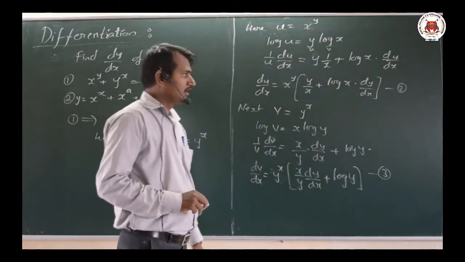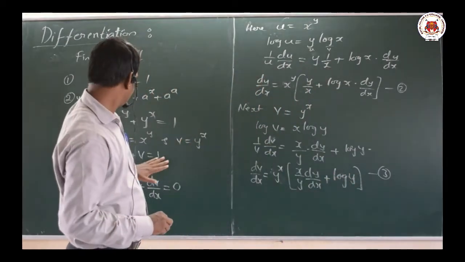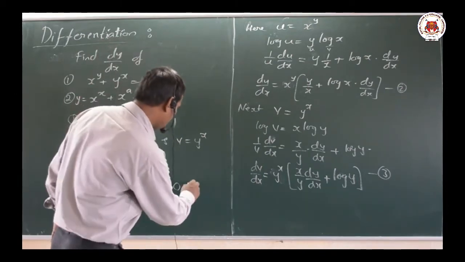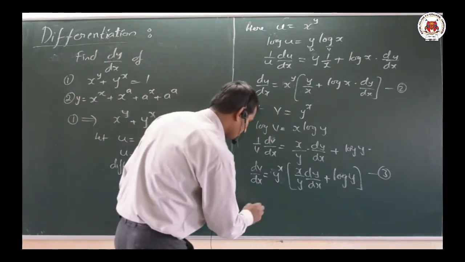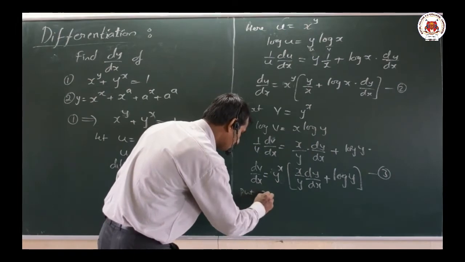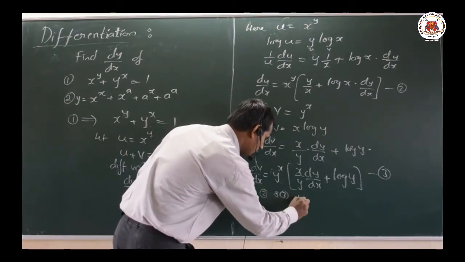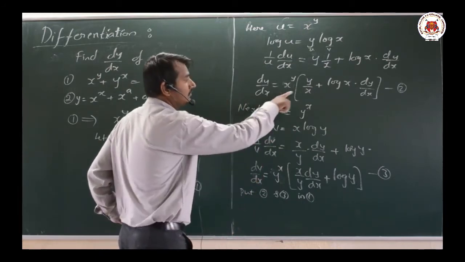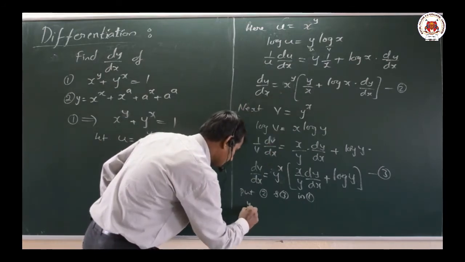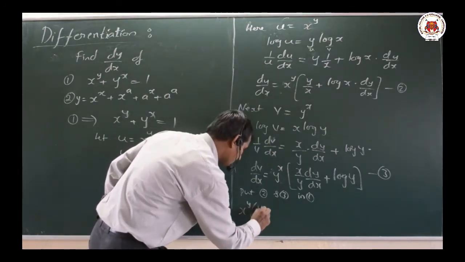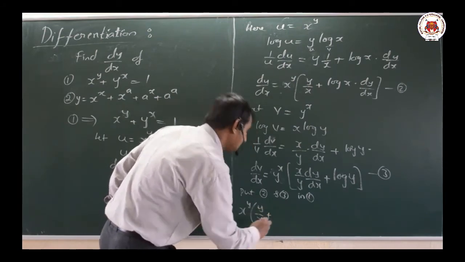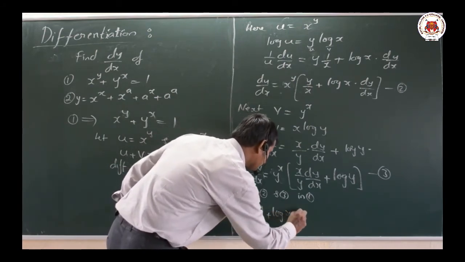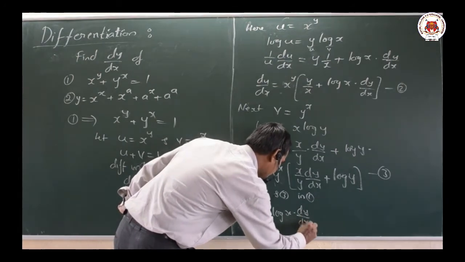Now put 2 and 3 in equation number 1. So what we get here? Equation 2 gives du by dx, the whole thing: x raised to y into y by x plus log x into dy by dx.